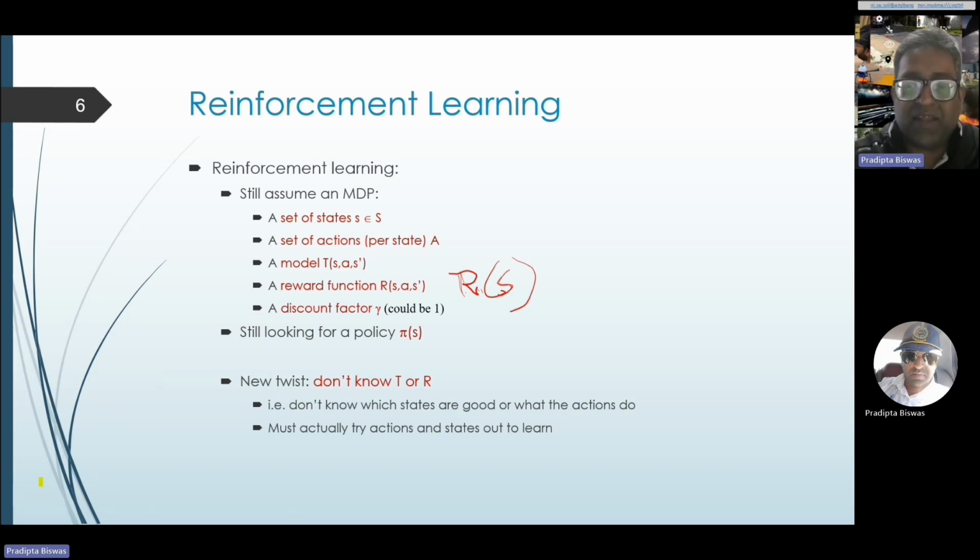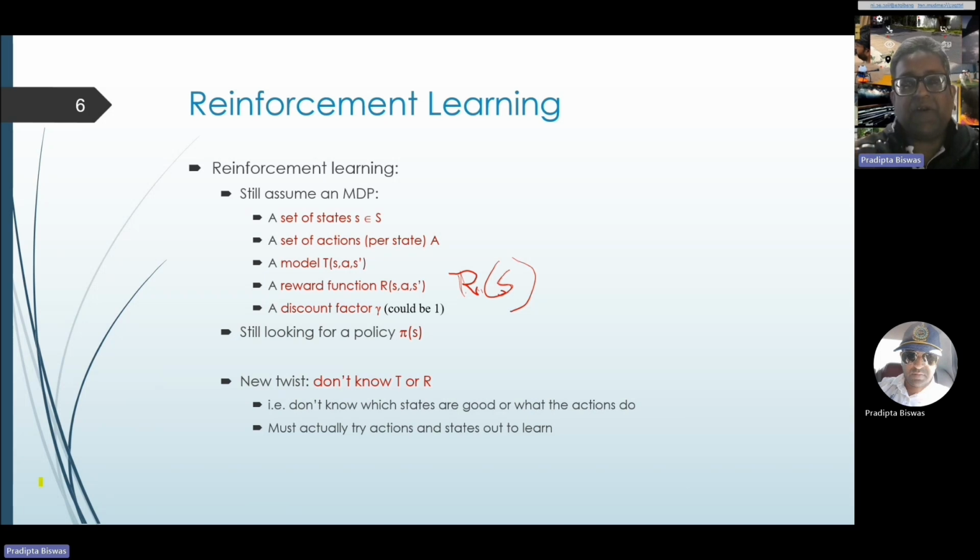But in some formulations, you will see the reward is only expressed as R(S). And the discount factor gamma. We came across this during the value iteration algorithm. It's a value between 0 and 1. It can be made 1, but then it will be a completely additive function. We discussed the discount factor very briefly during the value iteration lecture. We will further see the effect of gamma in subsequent algorithms.